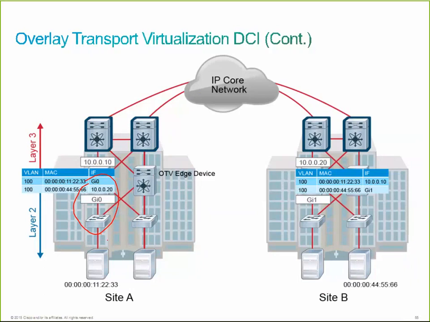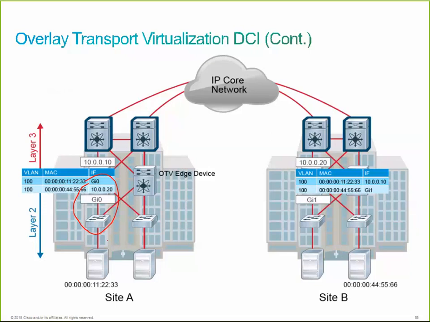So we learned that MAC address 112233 on the internal interface of gig 0. That was done, by the way, through just traditional MAC learning, right? Remember, the OTV component only runs at the edge of the network. It doesn't run inside the network. What happens, though, in this case is the OTV edge device creates an OTV update message, and that's going to contain the information about the MAC address.